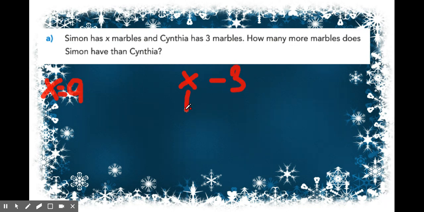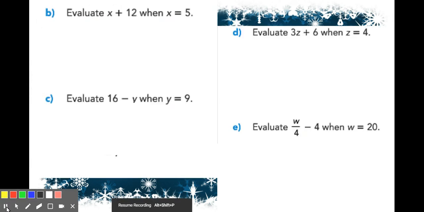Instead of x being unknown, I now know that x is 9. So I'm going to substitute 9 for x, and I'm going to subtract 3. Well, Simone has 6 more marbles than Cynthia.